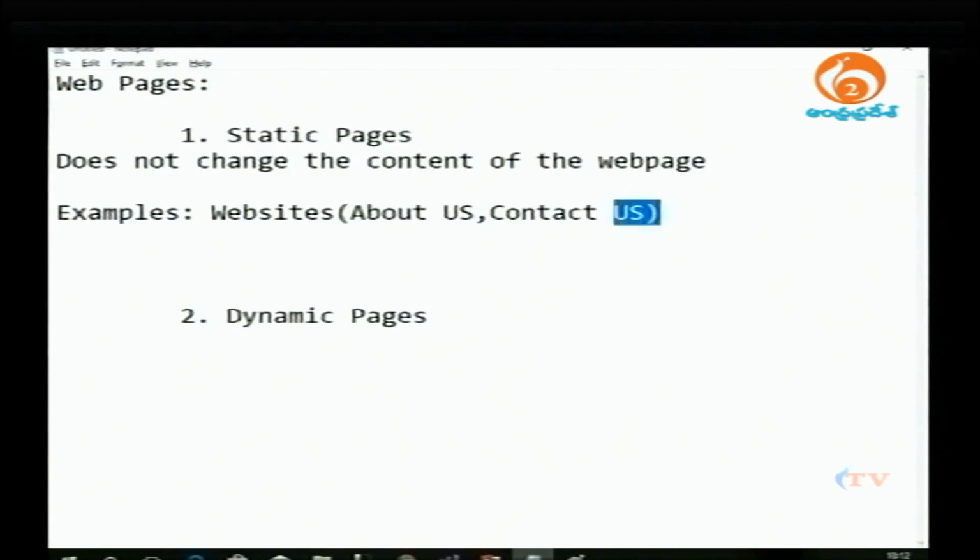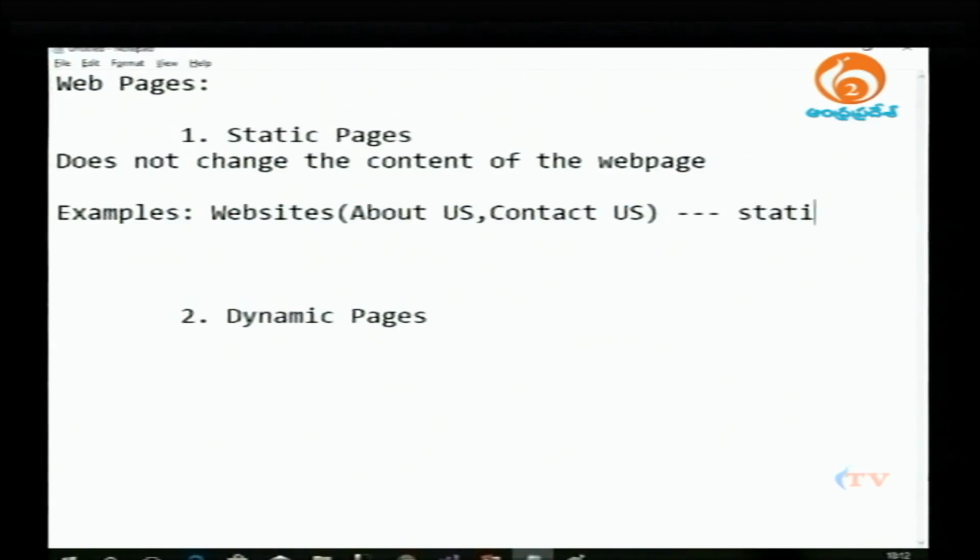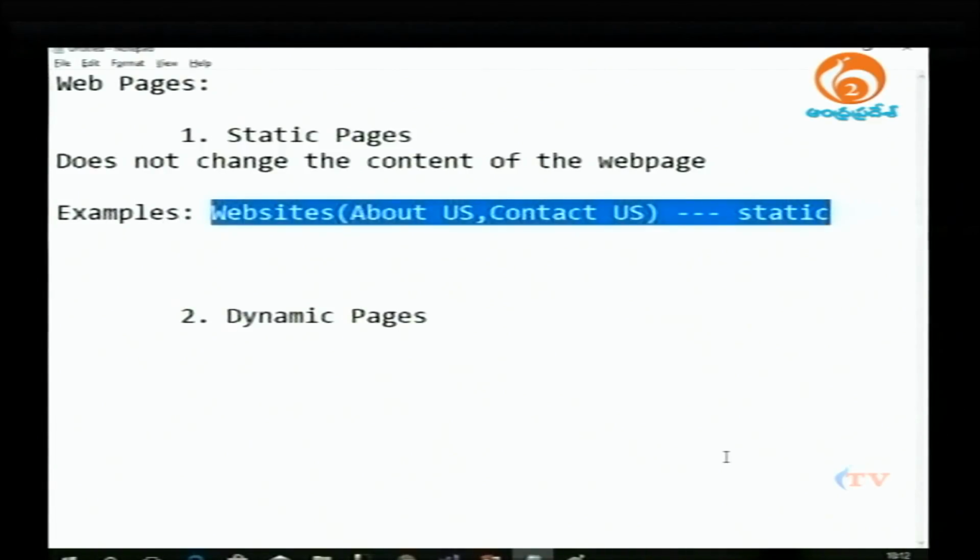These are the pages of any website that people build as static, and they will not use the terminology of dynamic here, because the content of that website, the information about the company, will never change. The company address also will never change. So about us and contact us are the two pages of any website that will never change, so developers like you can develop these applications using static.